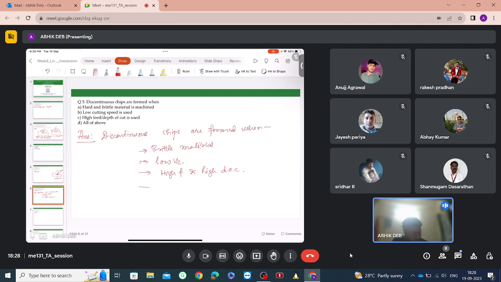And also if there is a high tool chip interface friction. So in these conditions, discontinuous chips are formed. So the correct option is option number D.